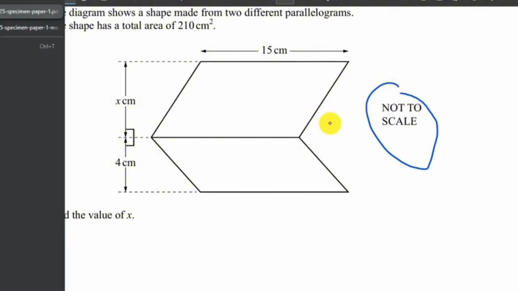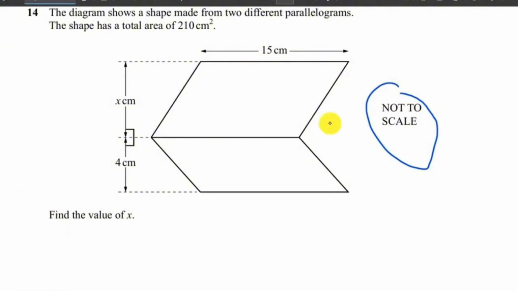Since the total area of these 2 parallelograms is 210, it means that if we can find the area of one of these shapes, then you can subtract from the total area and get the area of the other one. So how do you do this? You already know that from here to here is 15, and it is the same distance from here to here.